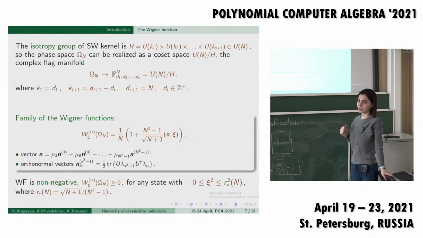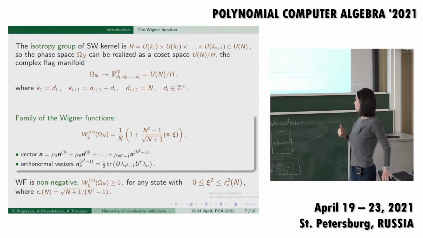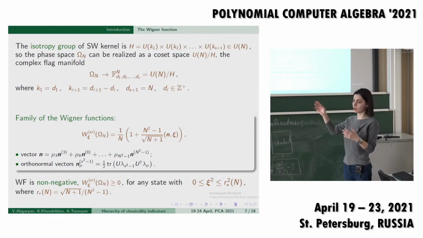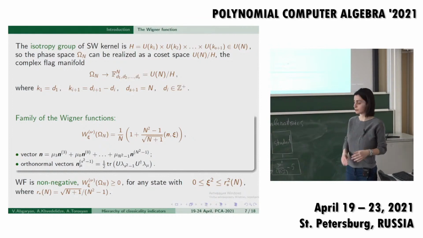From here we can see that if we put a restriction on the Wigner function so that it should be non-negative, we get these restrictions on the block vector. So there is always a region inside the ball of radius r asterisk, inside of which the Wigner function will always be positive.